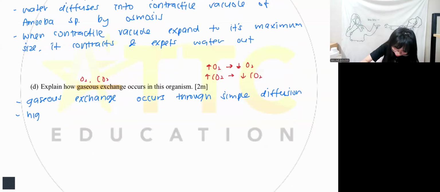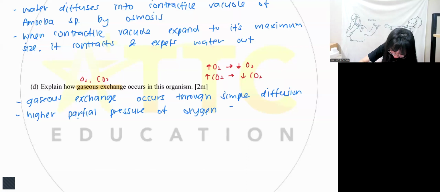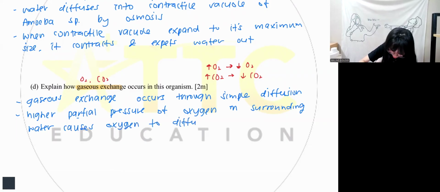So you're going to say, higher partial pressure of oxygen in surrounding water causes oxygen to diffuse into amoeba species.